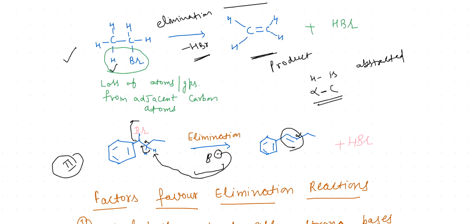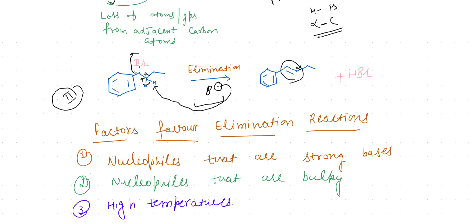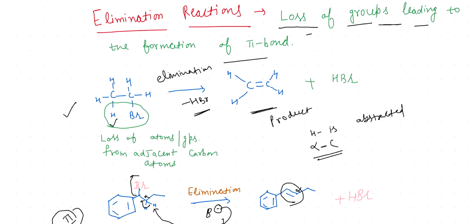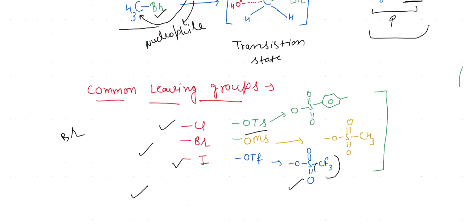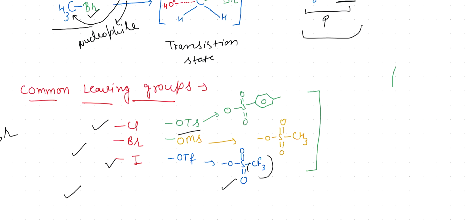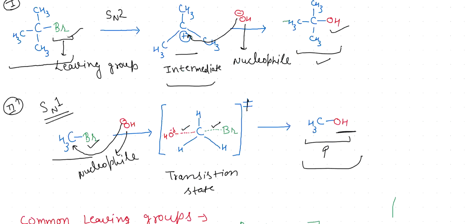Good. So you can see here we have chosen the reactant primary alkyl halide. But in the case of nucleophilic substitution reactions, we are also choosing a reactant. In this case, you can see, just wait a second.